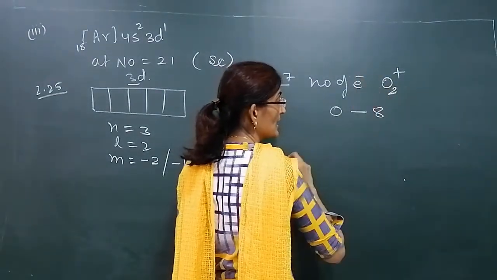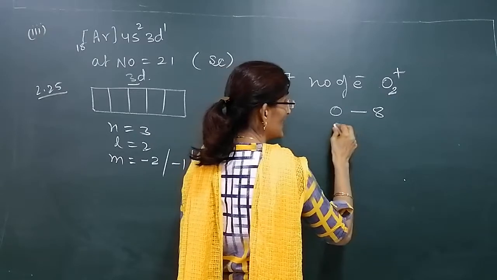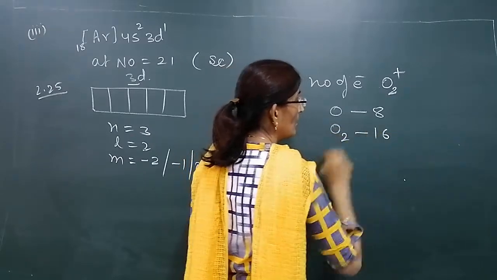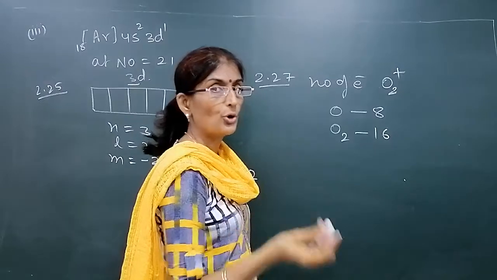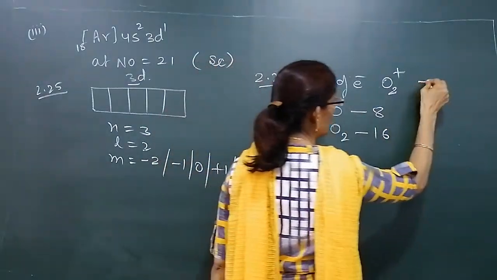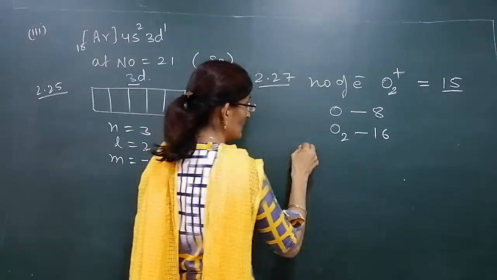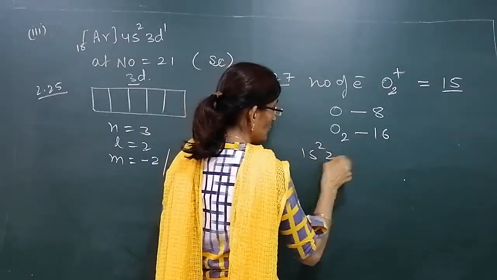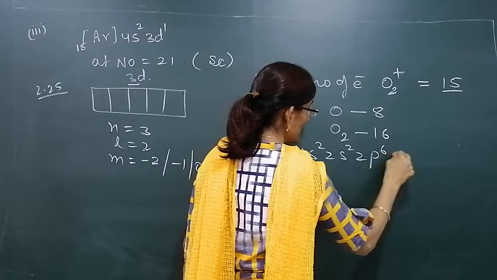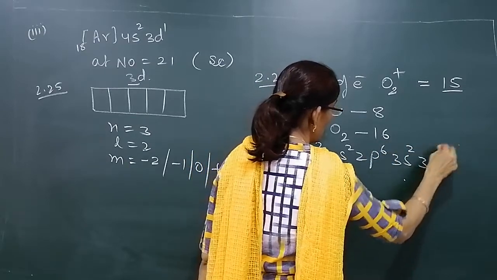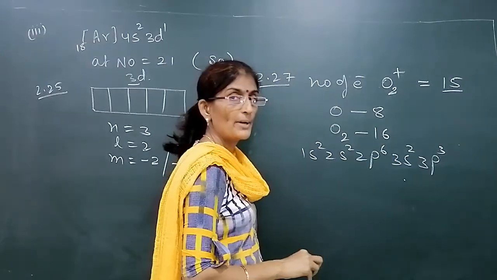O2 is there, 2 atoms are there. So number of electrons will be 16. Now it is plus 1, which means 1 electron lost. So how many electrons in O2 plus? It is 15. Now we have to write the electronic configuration. We can write 1s2, 2s2, 2p6, 3s2 and 3p3. This is the configuration for atomic number 15.